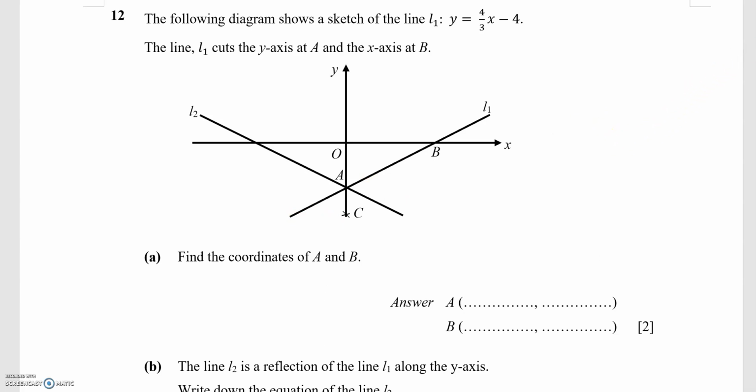If I have the equation of a straight line, y equals mx plus c, the m is actually the gradient. So in this case, for line L1, the gradient is 4 over 3. C is my y-intercept. So I know that this y-intercept here is negative 4.